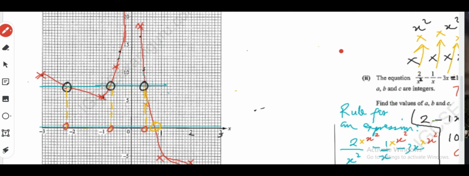So 0.5. Okay, here is 0.5. Minus 0.7. This one is minus 0.7. This one should be what?